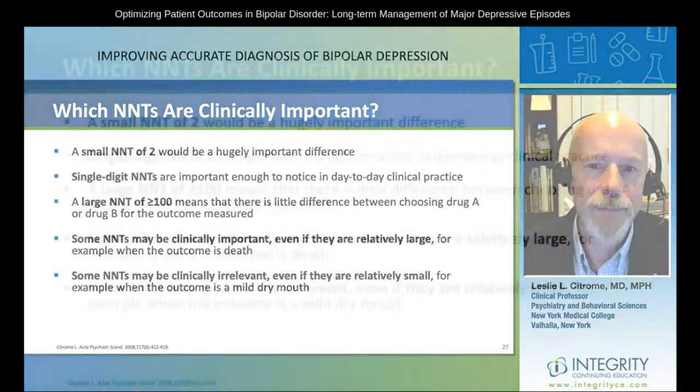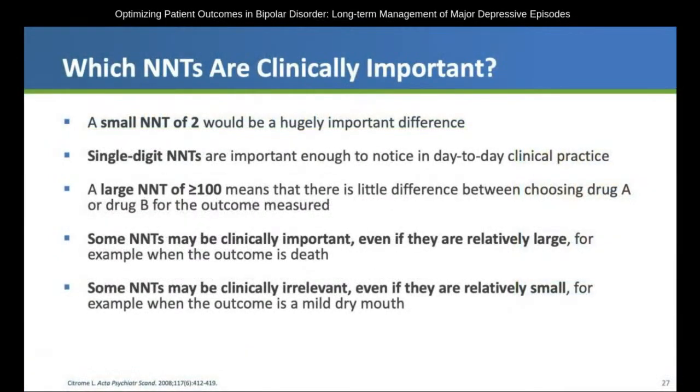Now, some NNHs may be irrelevant. Let's say you have an NNH of 3. For every 3 patients you randomize the drug to instead of placebo, they have one additional adverse event. That doesn't sound good. That happens. You'll see it all the time. But what if it's mild dry mouth? Who cares?